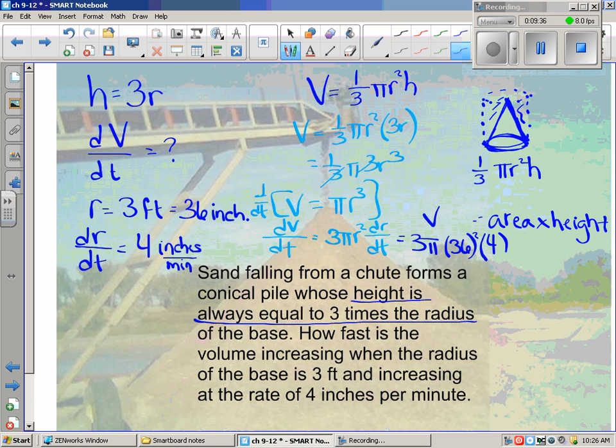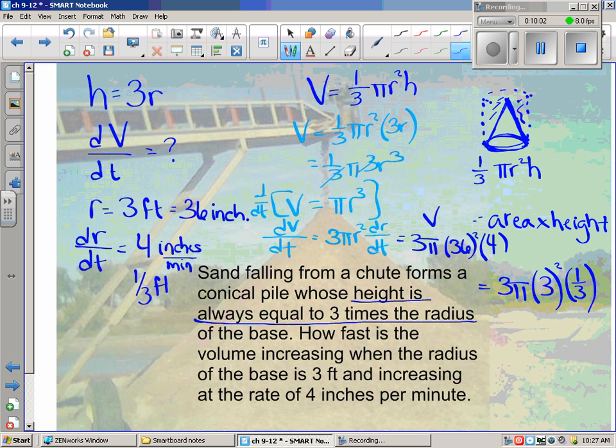Another way that this could have been approached, since we don't like huge numbers, would be to leave this as 3 feet and say that the rate is 1/3 of a foot per minute. Since that would be a little bit nicer to solve, let me show you what I mean. Instead of putting in 36, we would keep the 3 for the radius, and we would put 1/3 for the rate of the radius because it makes the numbers a little bit smaller.